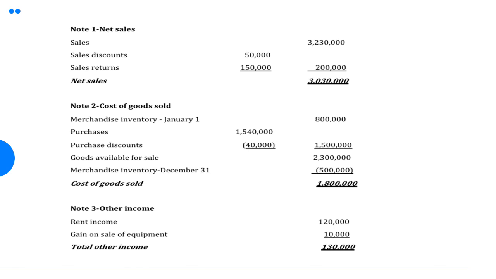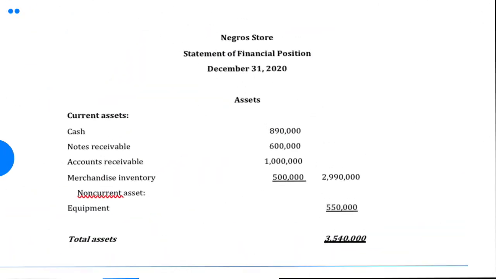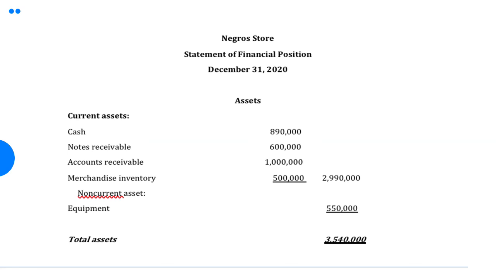The goods available for sale 2,300,000 less merchandise inventory December 31 500,000. The cost of goods sold is 1,800,000. Note 3 Other income. Rent income 120,000. Gain on sale of equipment 10,000. Total other income 130,000.